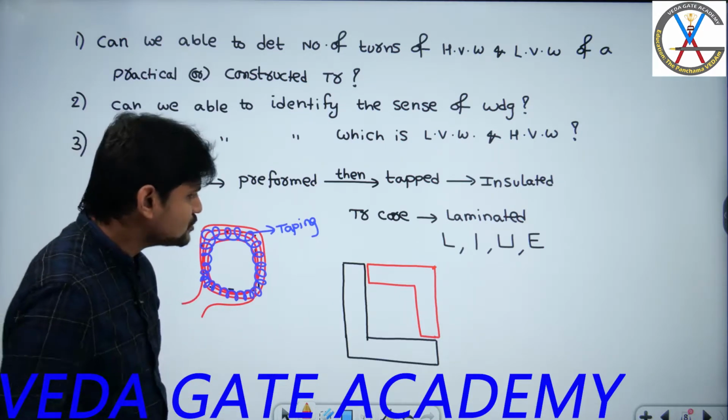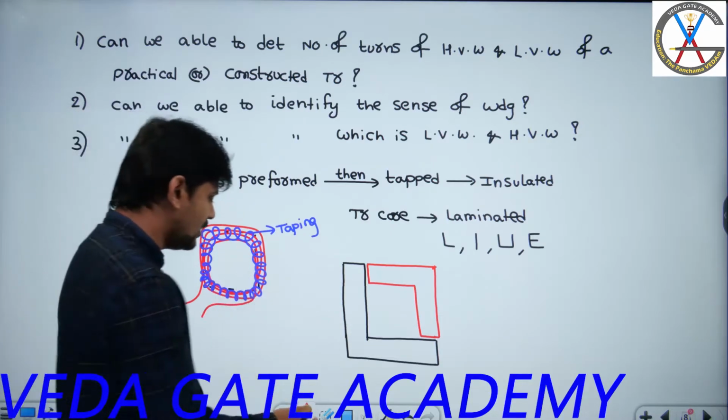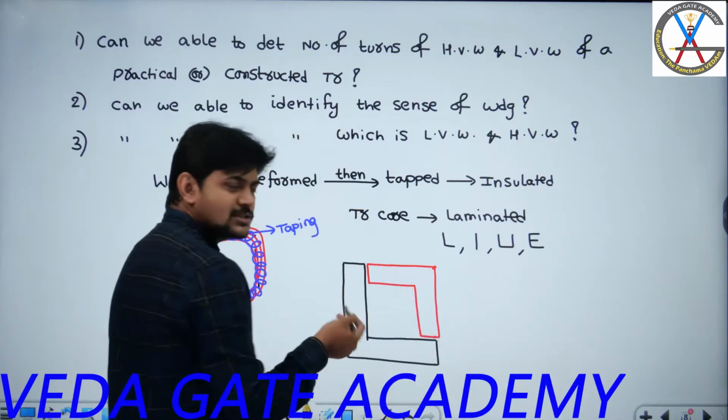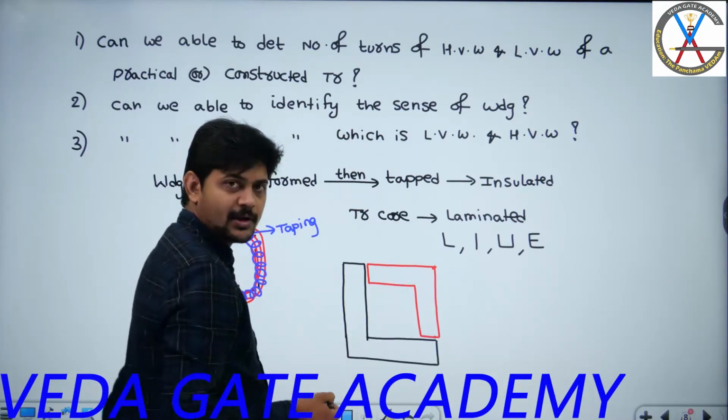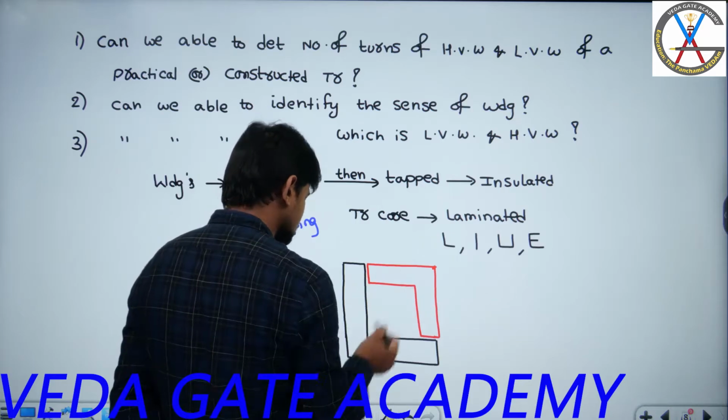Yes or no? Right? We are not going to use only two magnetic plates. We have a bunch of magnetic plates. That means above this, again I am going to place one more L-shaped magnetic plate like this, let us assume.